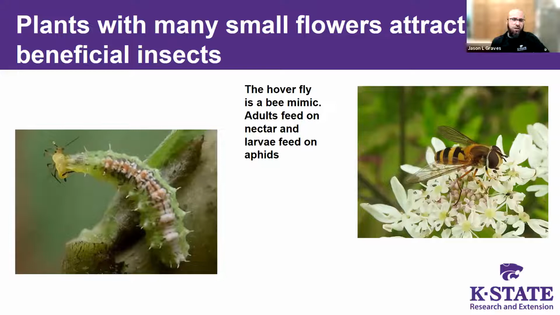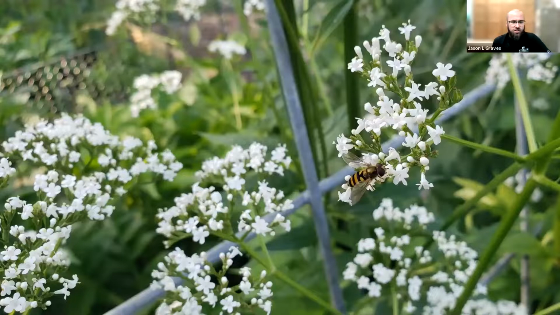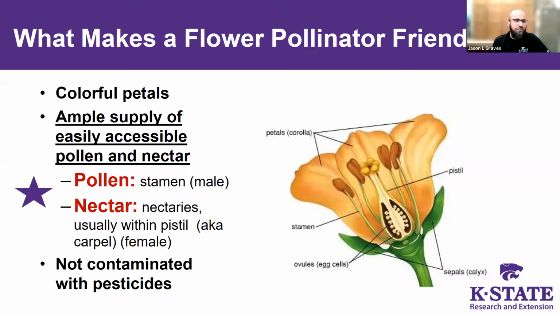If you can draw them in, you're going to be drawing beneficial insect control into your home and garden landscape. Here's another example of my Valerian plant with the hoverfly on it. I was happy to see that because I knew there must be some larvae around here somewhere, and hopefully they're going to consume some aphids as well.